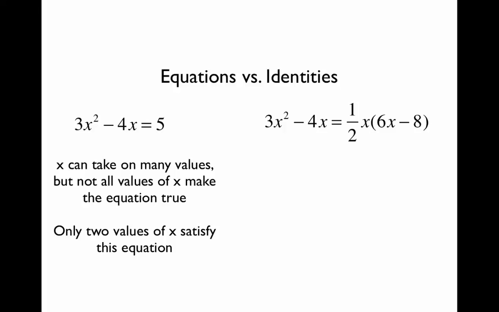Okay, what about this? If we do a little work on the right-hand side, what do we get? 1/2 x times 6x is what? Isn't that 3x squared? And 1/2 x times minus 8? Minus 4x. So what do you notice here?